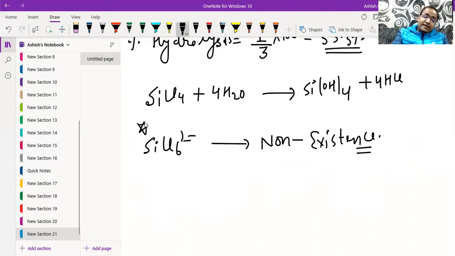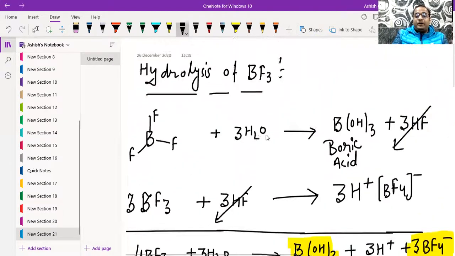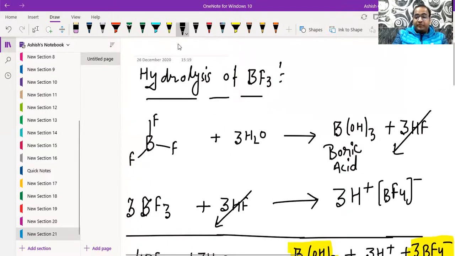This is the reason in case of SiCl4 I will not get SiCl6 2-. So what are the partially hydrolyzed products of SiF4? They are Si(OH)4 and SiF6 2-. These two examples are very important from an IIT Advanced and Mains point of view, right?